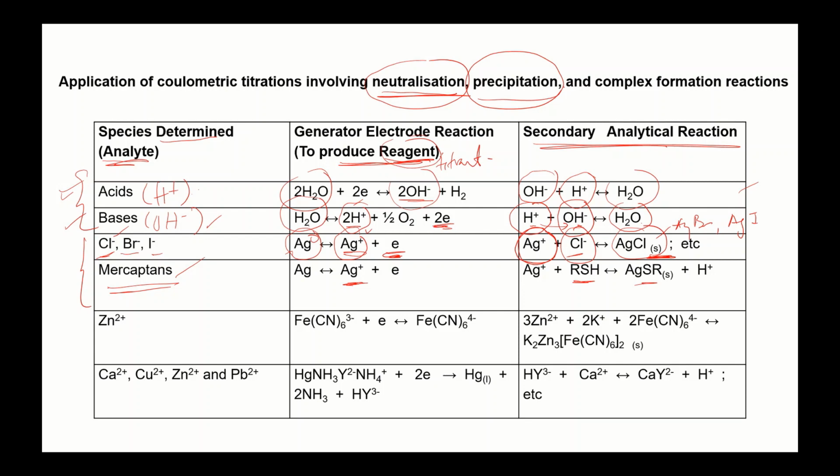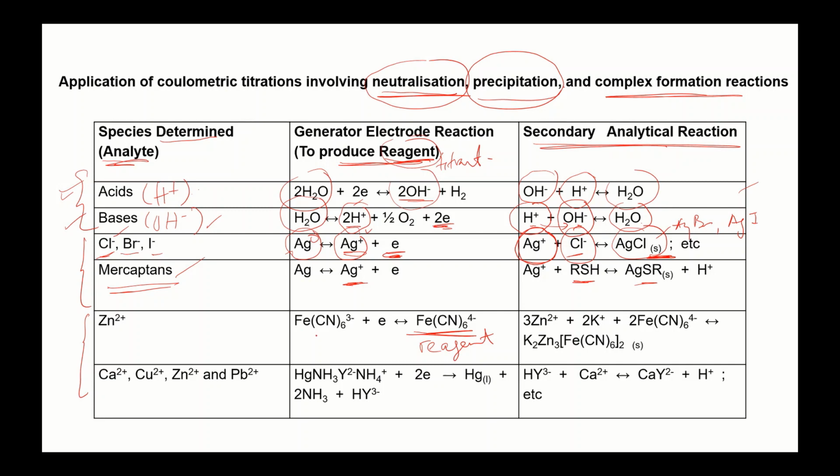Okay, the next one is complex formation reaction. To determine zinc, you can use this reagent. Okay, how is this reagent produced?